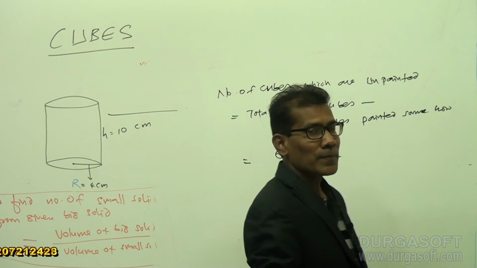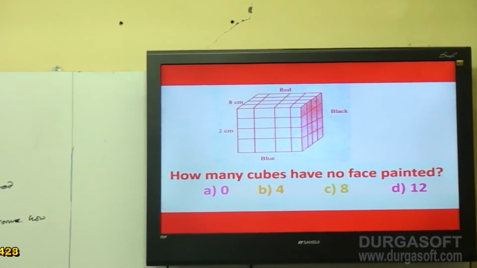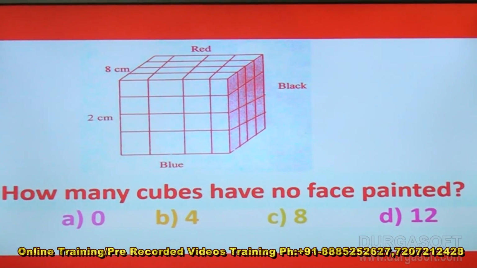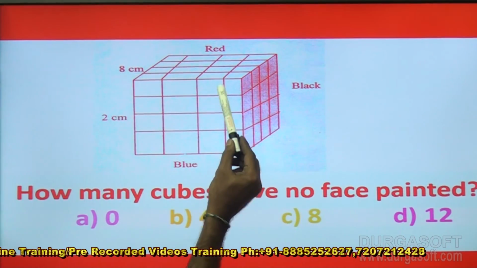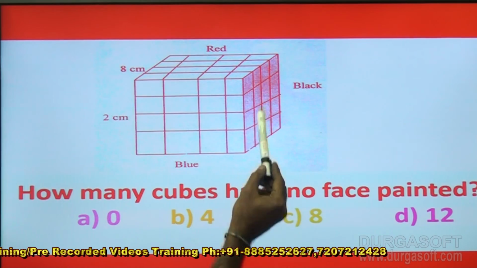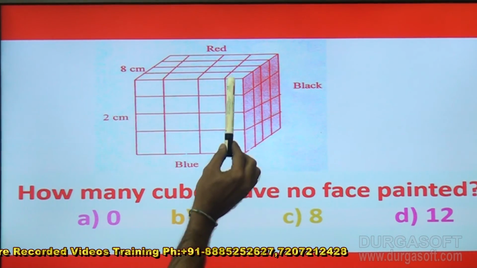From this picture we can clearly notice how many cubes are painted. See, first my idea is taking this black. This total block is painted with the black color. So how many cubes are there in this block? I am taking this complete block out from here.